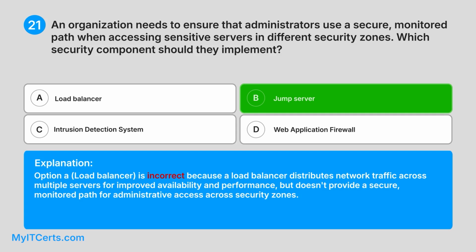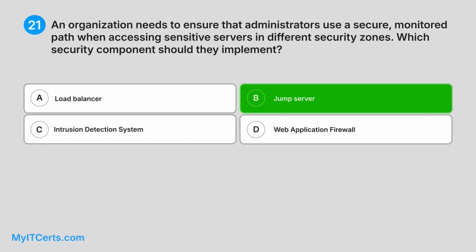Option A, load balancer, is incorrect because a load balancer distributes network traffic across multiple servers for improved availability and performance, but doesn't provide a secure, monitored path for administrative access across security zones.